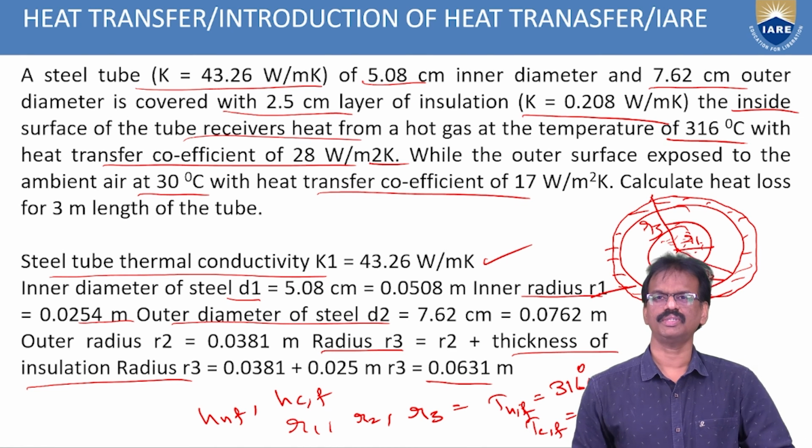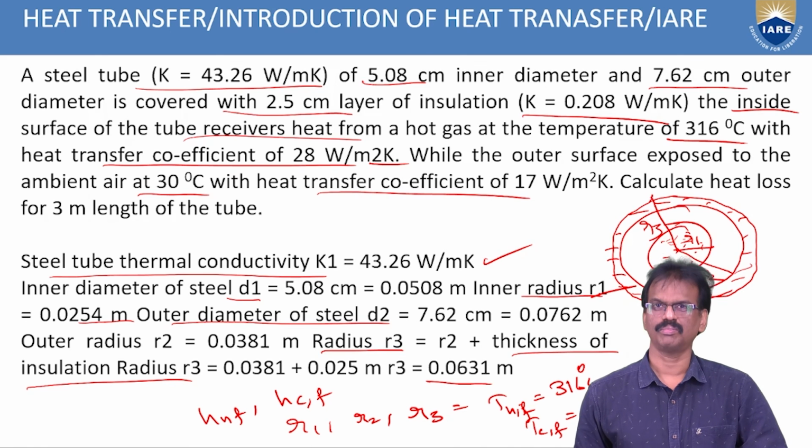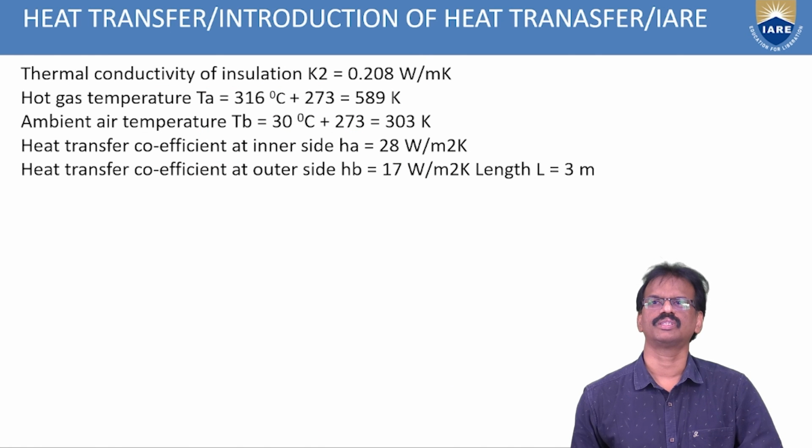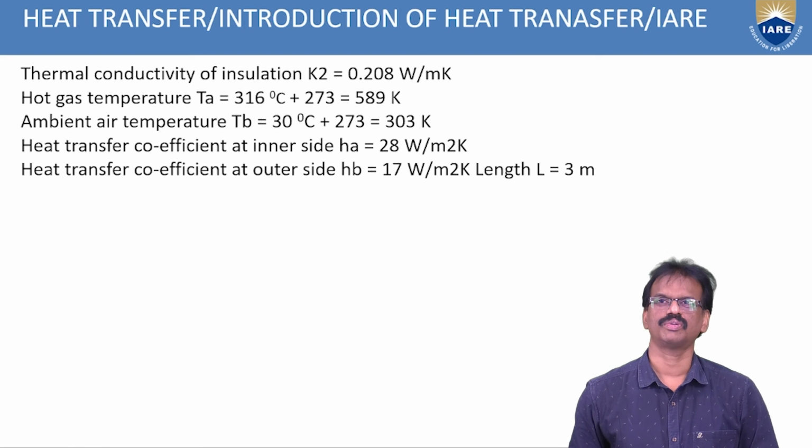So all the parameters are given, and you can use the formula and solve it. This is the given formula. The thermal conductivity of the insulating material is given, and the thermal conductivity of the steel pipe is also given.